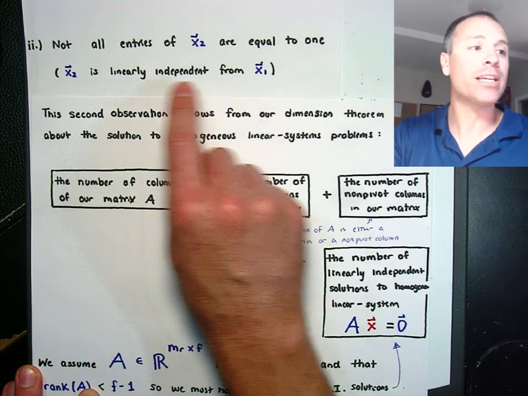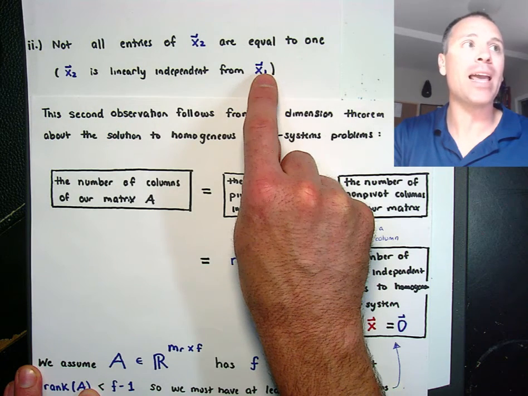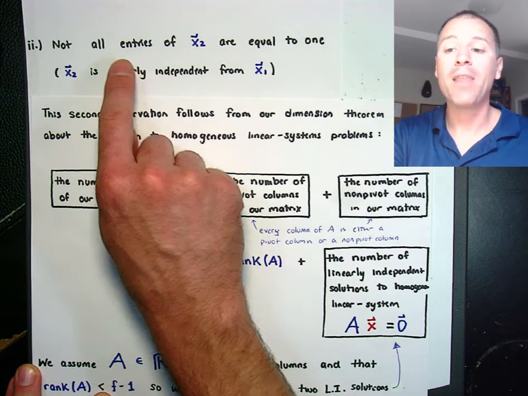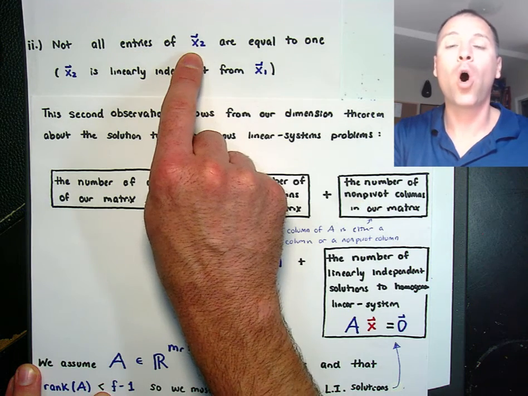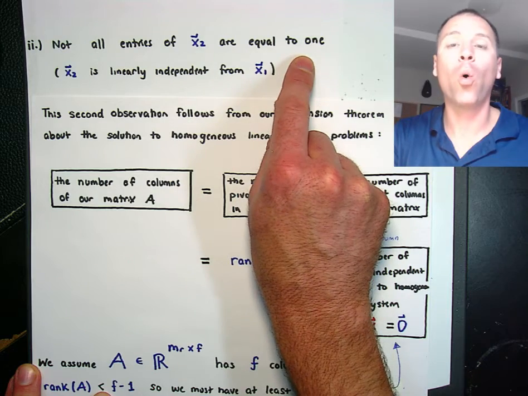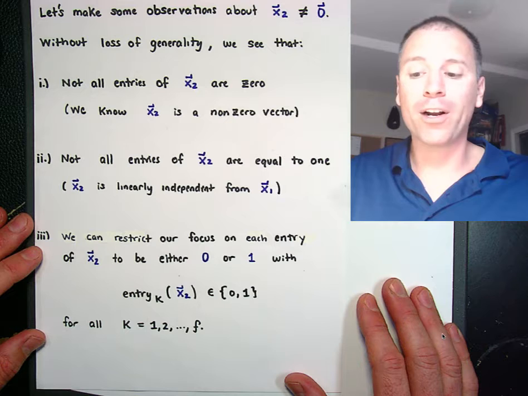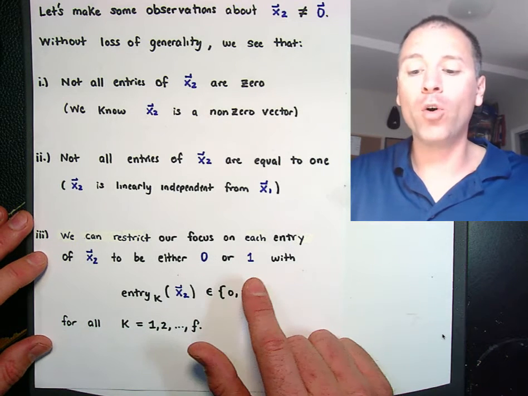If it is linearly independent, it cannot be a linear combination of x1. Thus, we can conclude that not all entries of x2 are equal to 1, or that x2 is not in the span of x1.